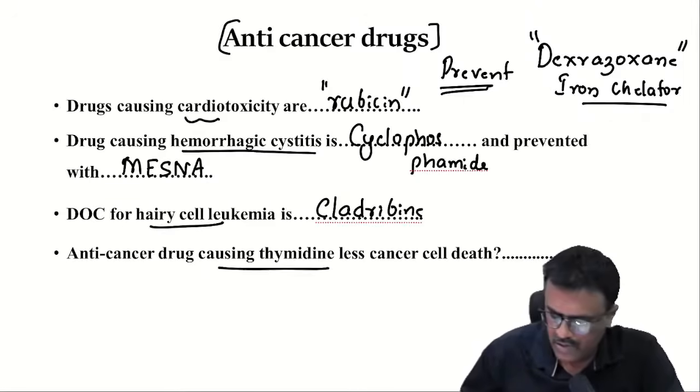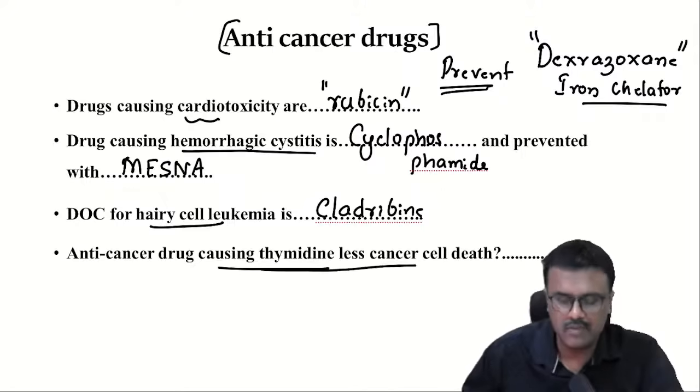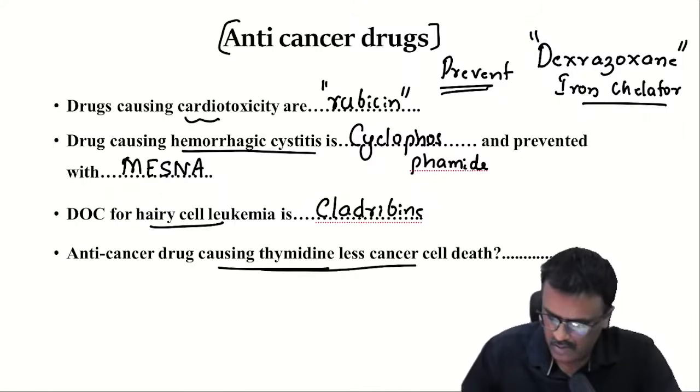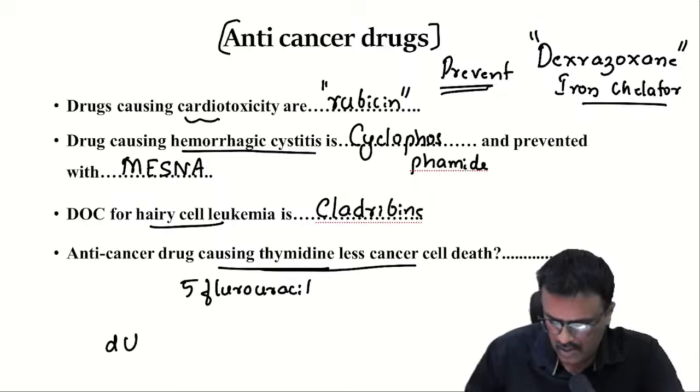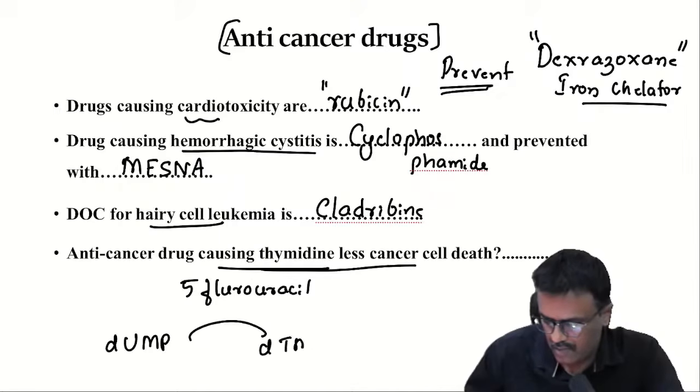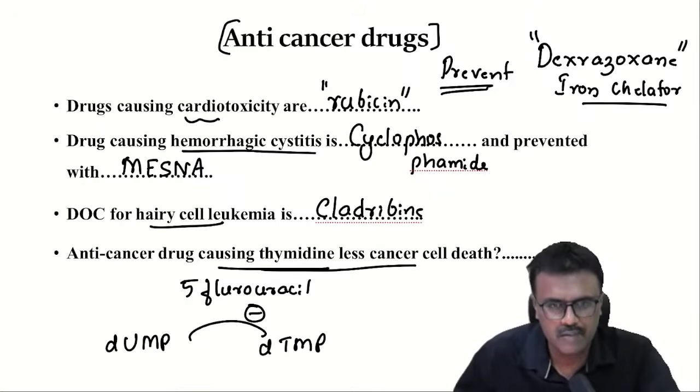Anti-cancer drug which causes thymineless cancer cell death. So you remember there is a drug called 5-fluorouracil. What will it do? You know, deoxyuridine monophosphate will become deoxythymidine monophosphate. This is inhibited by 5-fluorouracil.